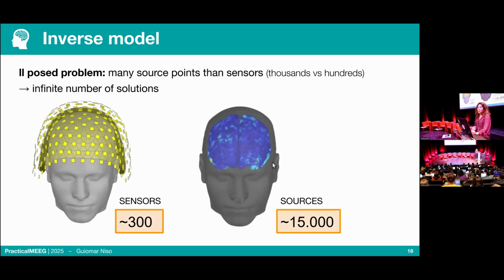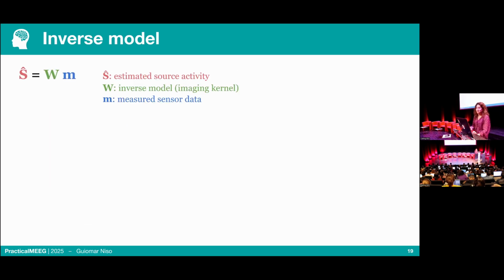This is an ill-posed problem because your inputs are very few and you need a lot of outputs. So this has an infinite number of solutions, and we have to try to make constraints to make it solvable. Otherwise, it's not going to work.